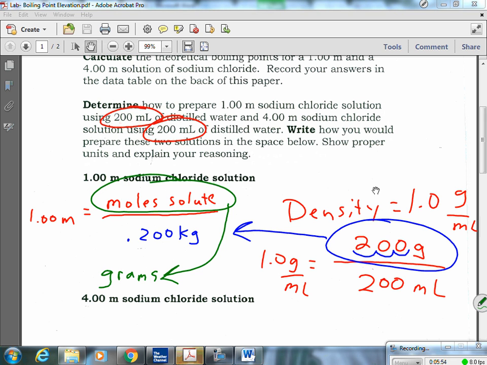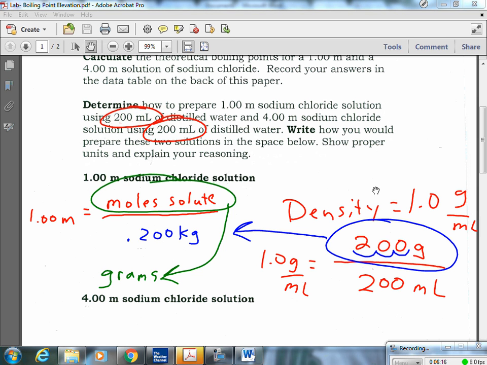Why do I need to convert that into grams? We do not have any scales that will read moles in this lab. Okay? And what you'll be doing, you'll have to do the calculation for the 1 molal, then you'll do the calculation for the 4 molal.